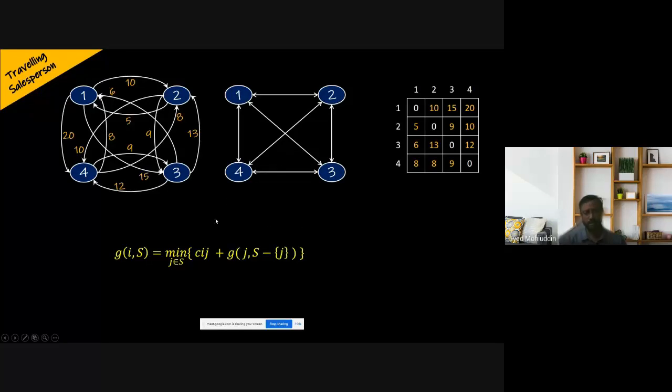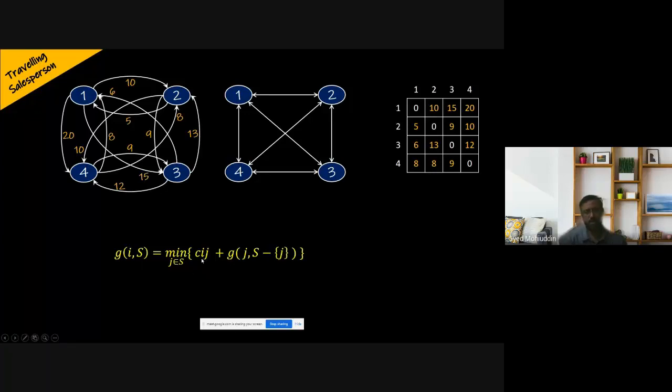So if we start with 1, then the subset is 2, 3 and 4. So this equation we derive is, if we have to find a path from I to all the other vertices in the graph, then it will be the minimum of c i j.